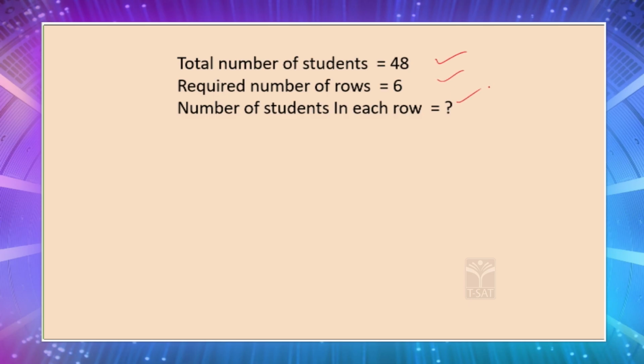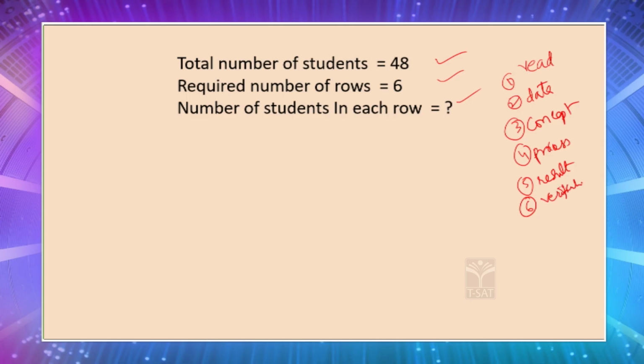When we are going to solve the problem, first you have to read the problem, and second, identify the data, what is given and what is the concept behind it. Is it multiplication or division? And then process by substituting the values and getting the result, right? And next you have to do verification also. So, this is the problem solving strategy.